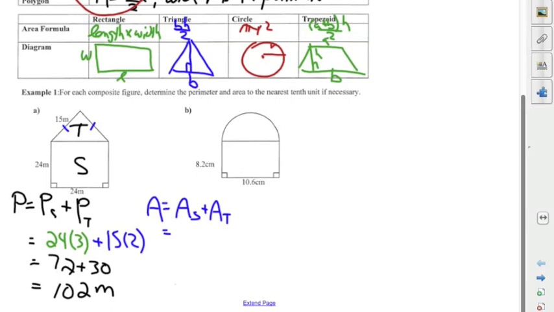Area of the square is pretty simple, so it's 24 squared, plus, and over here on the side I want to work on the area of the triangle.